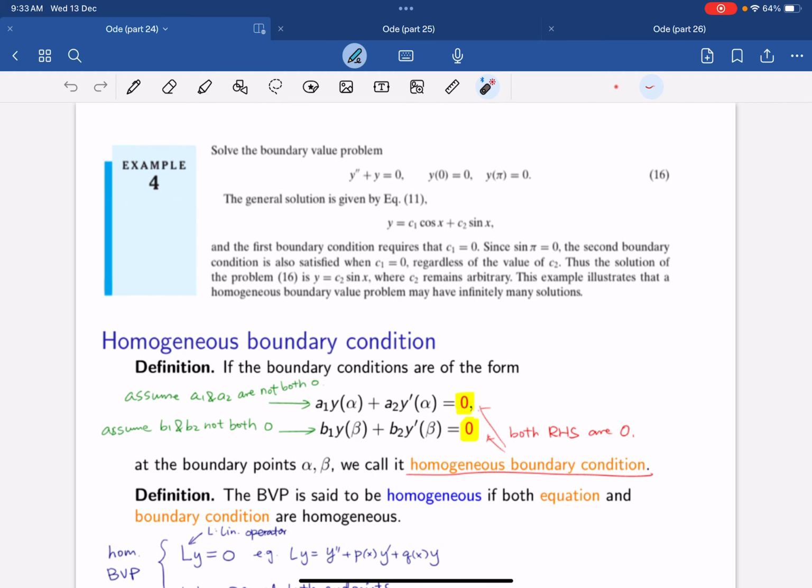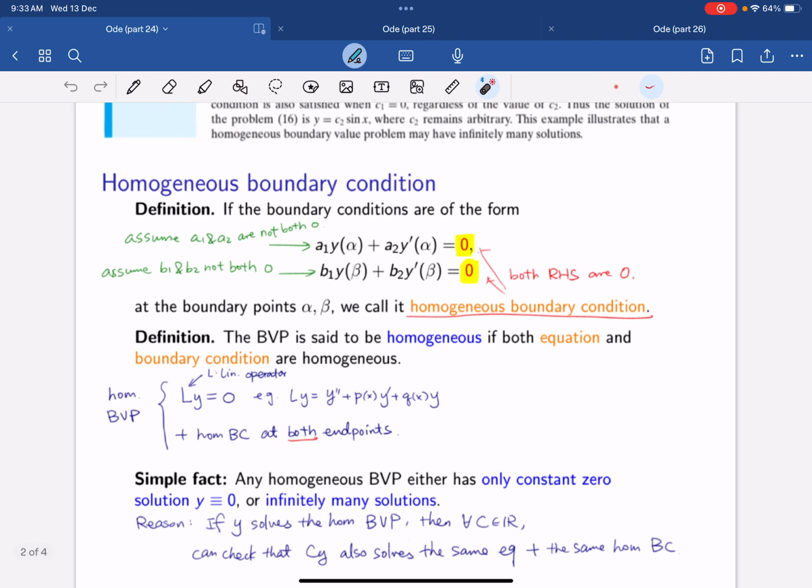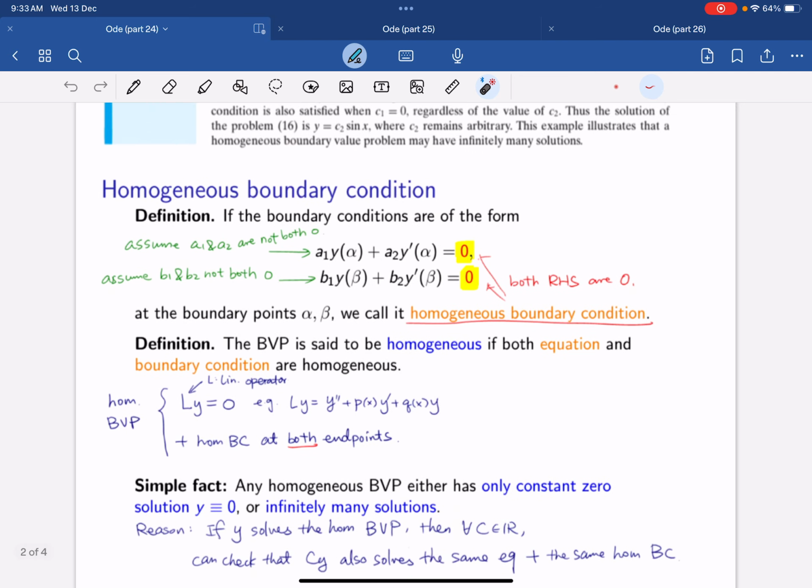Now we look at another example, and for this example, we can show that a homogeneous boundary value problem may have infinitely many solutions. So what is a homogeneous boundary value problem? Well, in that case, the boundary conditions will be equal to 0.